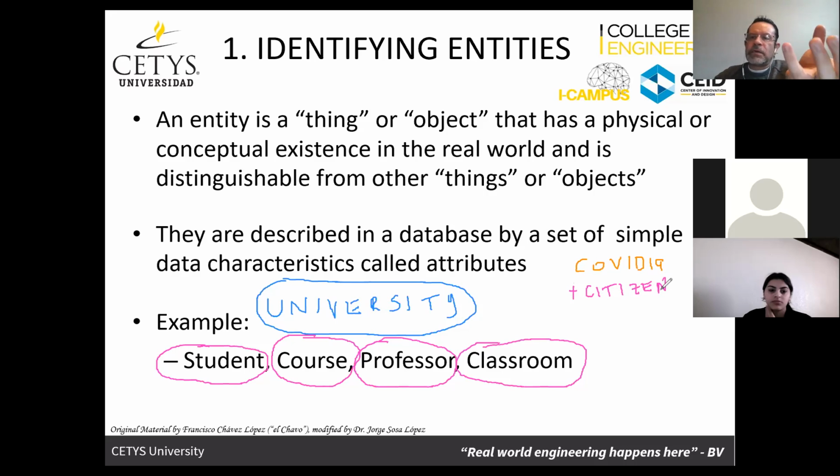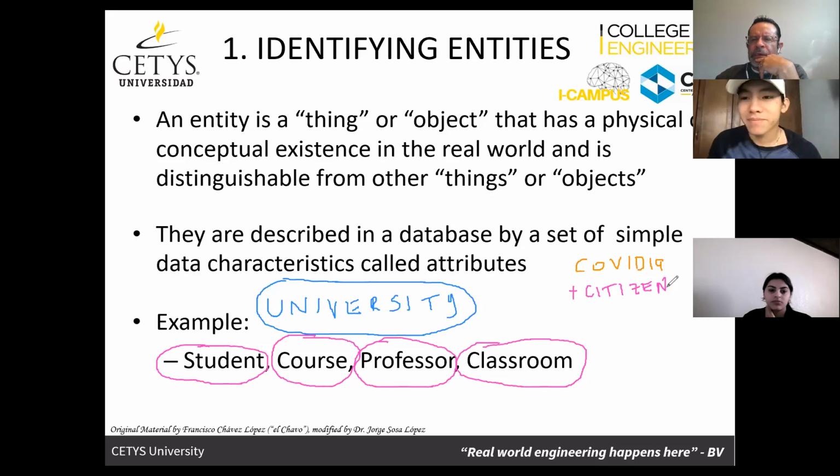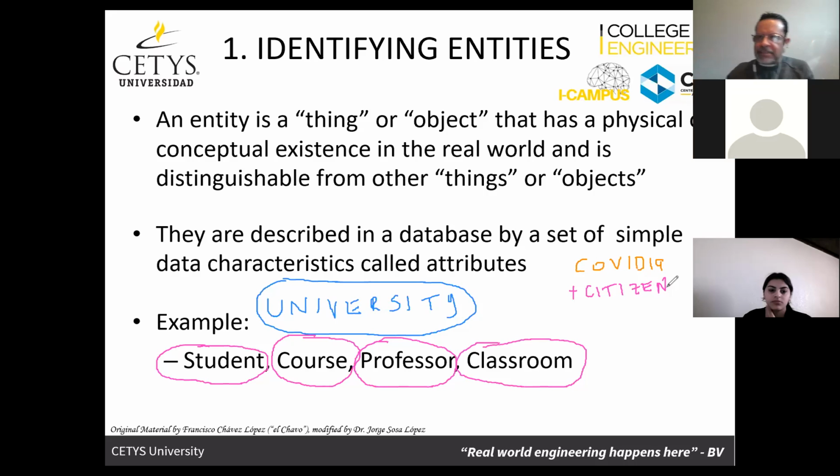A citizen of Mexico is an example of an entity for the COVID-19 system. Would you agree with that, Leo? Yes, because the system is to register the COVID-19 information of Mexican nationals, of citizens. So a citizen would be an example of an entity for that particular system.